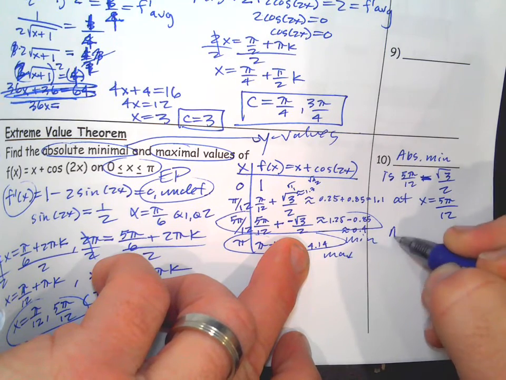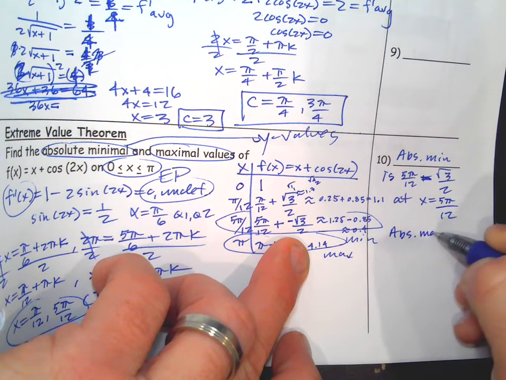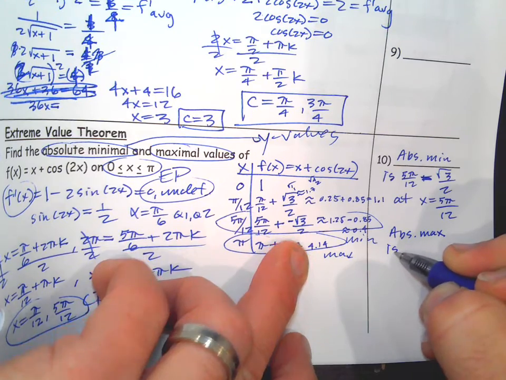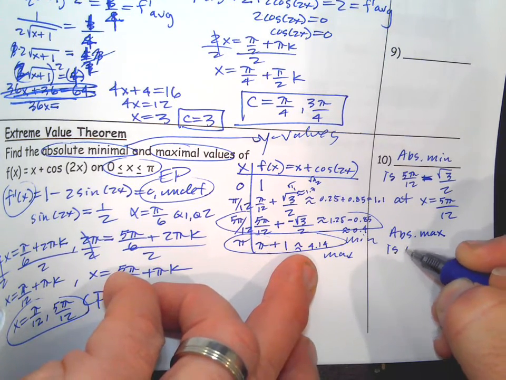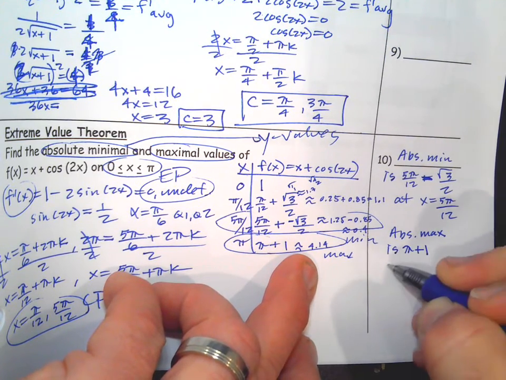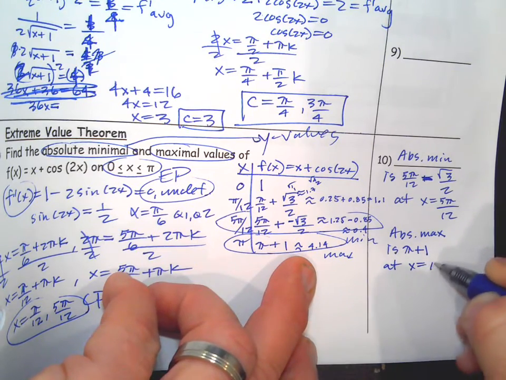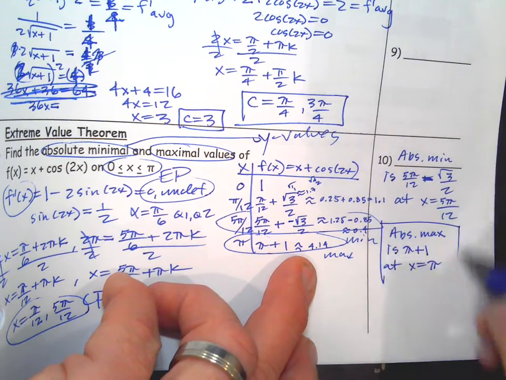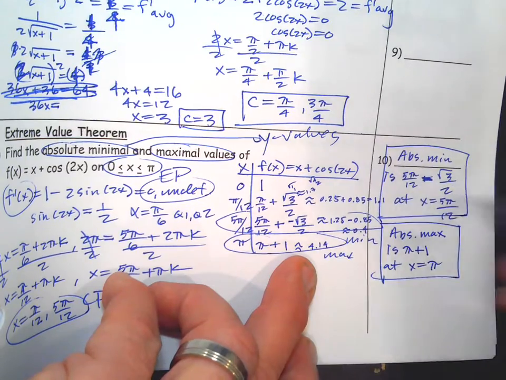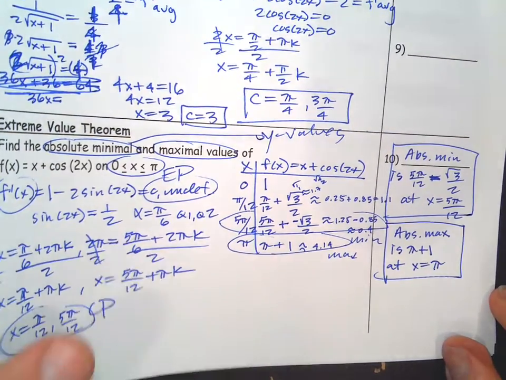And then the absolute max is pi plus 1 at x equals pi. So those are your answers.